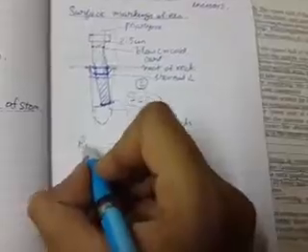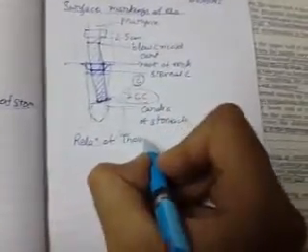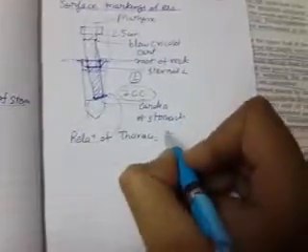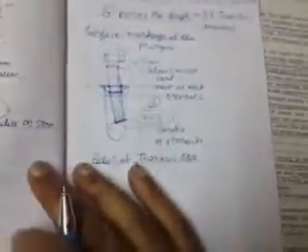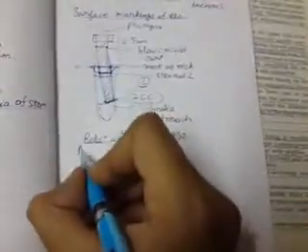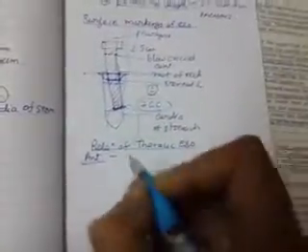Next, relations of the thoracic part of the esophagus. Now we are going to see the relations of the thoracic esophagus. First, anteriorly. What structures are anterior to the thoracic part of the esophagus?